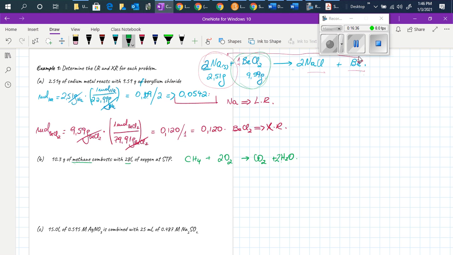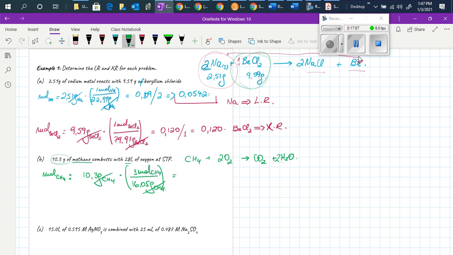So now, when we have moles of methane, methane is 10.3 grams. So 10.3 grams of methane using the molar mass. We'll have 1 mole of methane is 16.05 grams of methane.